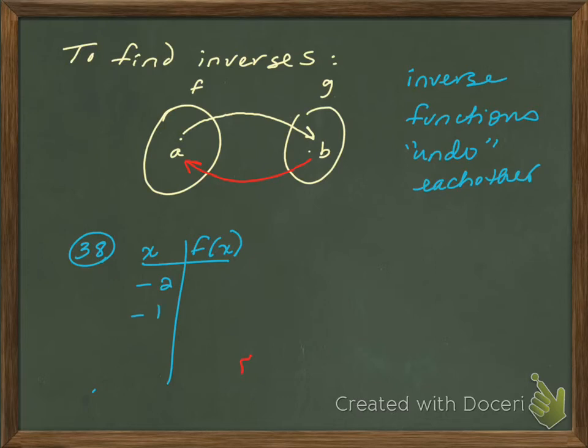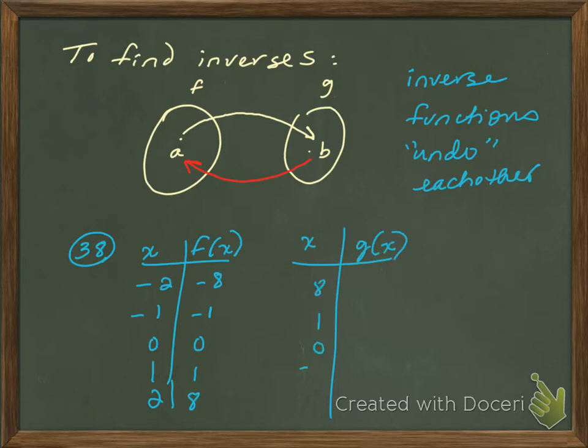So we have -2, -1, 0, 1, 2. The other part of the table is -8, -1, 0, 1, and 8. And the other function g is given by 8, 1, 0, -1, -8, and -2, -1, 0, 1, and 2.